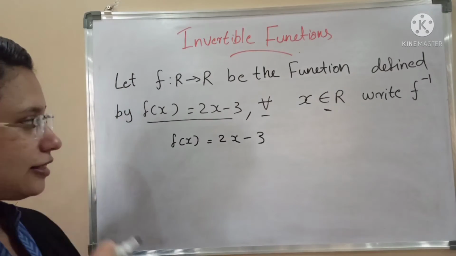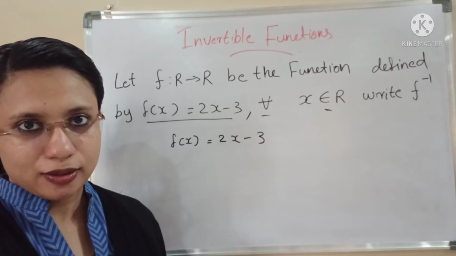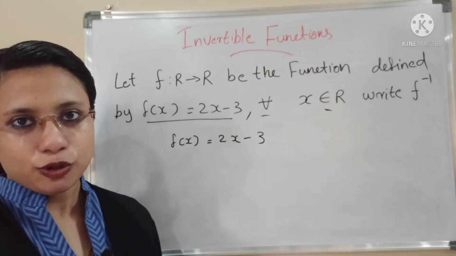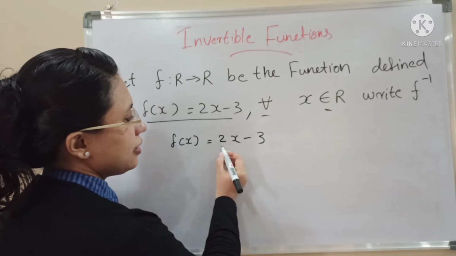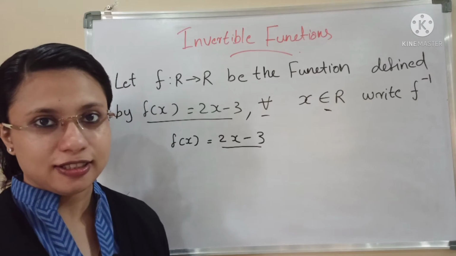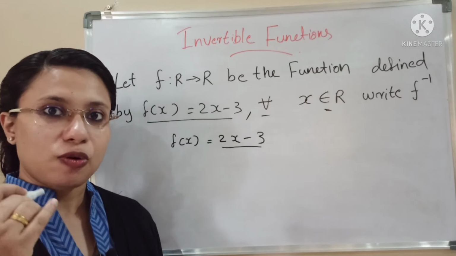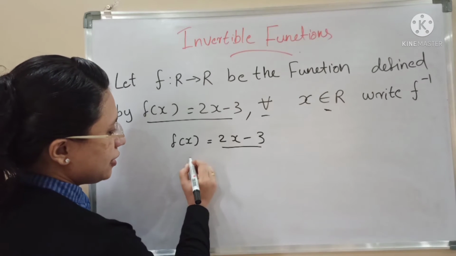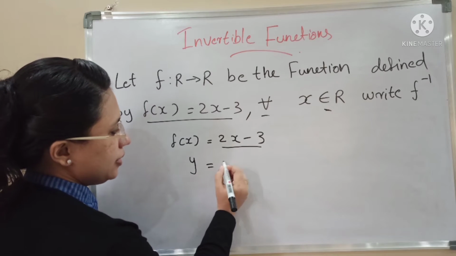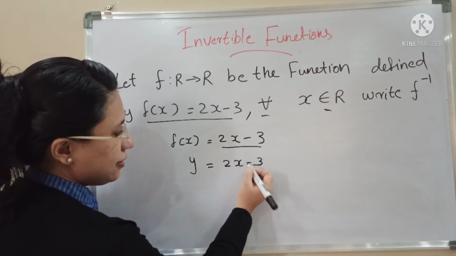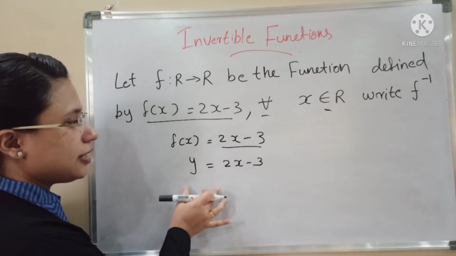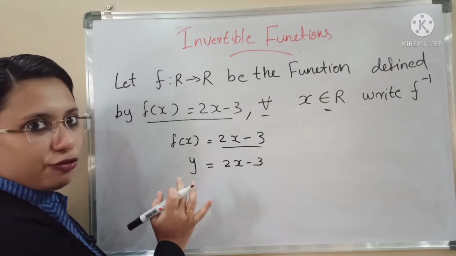I'll just explain in a simple way, for your understanding. First, we will convert the whole function in terms of y. So y equals 2x minus 3. Rearrange this to get the function in terms of y.